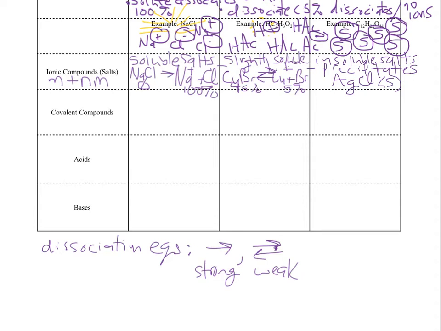So remember again that we're learning about dissociation equations, and so this one right here is a dissociation of a soluble salt, a strong electrolyte. This one here is a weak electrolyte or slightly soluble salt. And what's happening here is that these arrows mean that both of these things are happening.